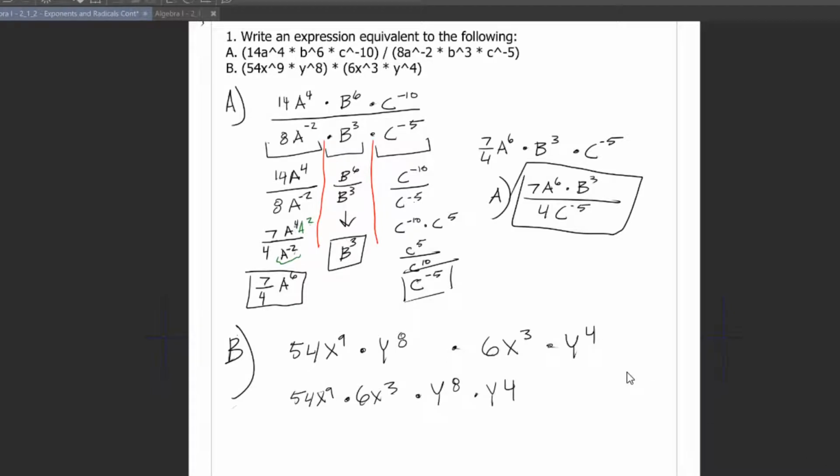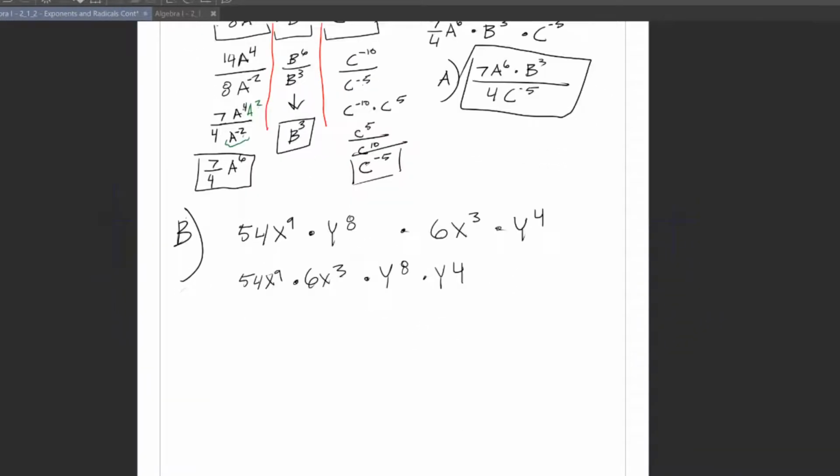Okay, so I wrote it out right here. Sorry for that pause. So we have almost two separate problems, right? And then we'll just throw them in together at the end.